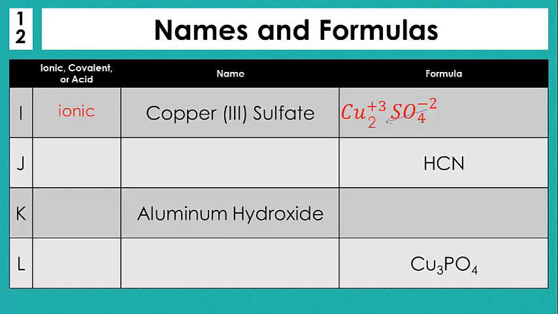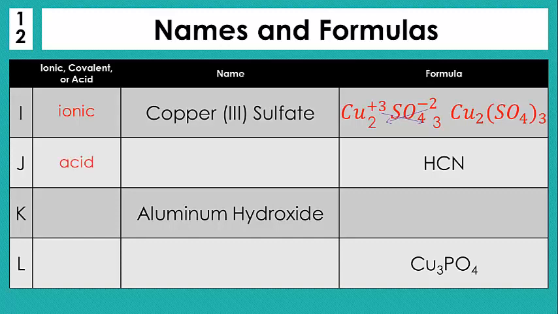So if I bring the 2 after copper, that gives me +3 and +3, which is +6. And if I bring the 3 after sulfate, that gives me -2, -2, -2, which is a total of -6. So Cu2(SO4)3. I need that parenthesis around the sulfate because I'm trying to say there's 3 sulfates, not SO43.